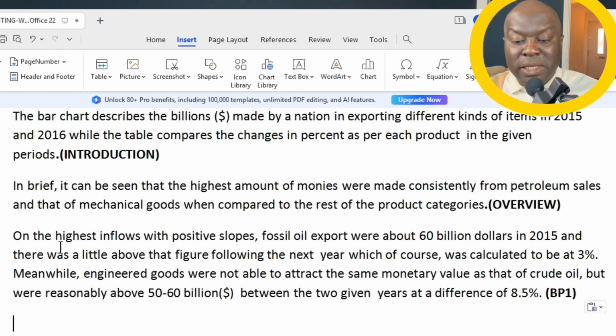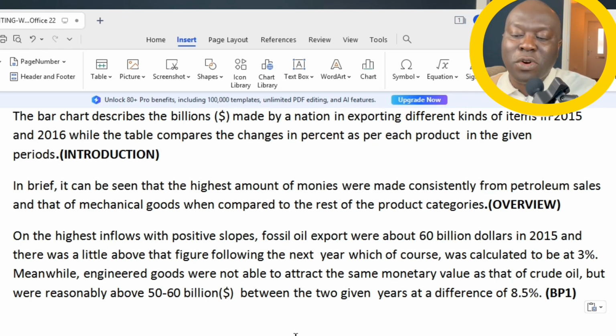All right, so let's see this on the overview. The body paragraph 1. This body paragraph 1 is going to target petroleum and mechanical. See what it says: on the highest inflows with positive slopes. What do I mean? I'm using this as a discourse marker, as a guide to bring in my point, to tell the examiner this is what I'm going to talk about.